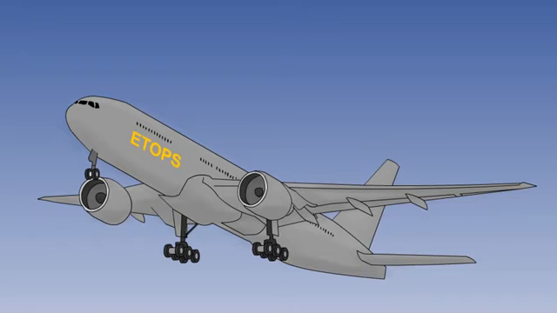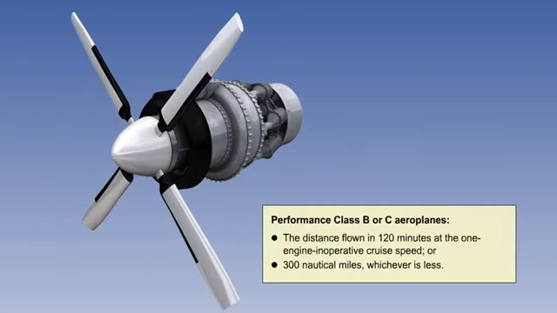This concludes our discussion of overwater flights in two-engine airliners. We will be revisiting ETOPS in the lesson on long-range flights later on. Before we turn our attention to minimum flight altitudes, MFA, here, for completeness, are the limitations for Class B and C aeroplanes.